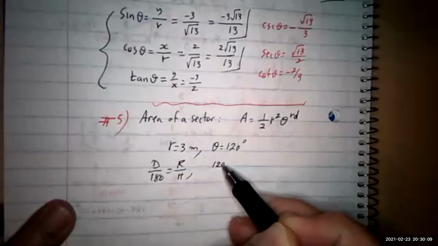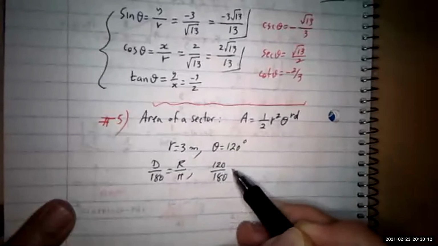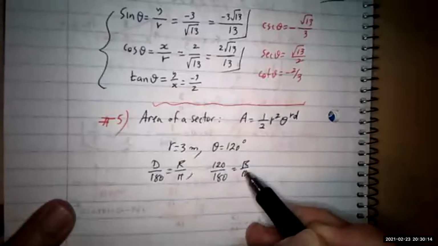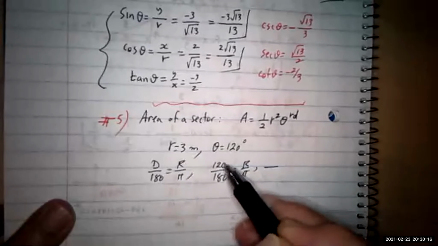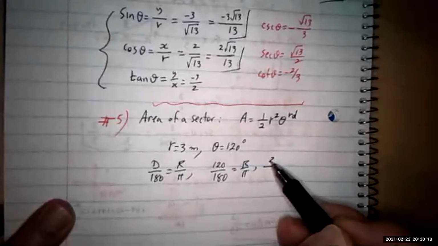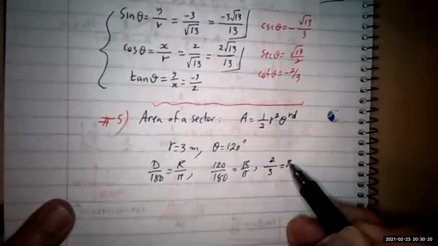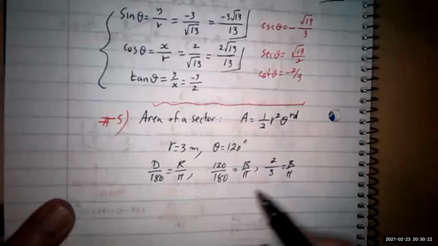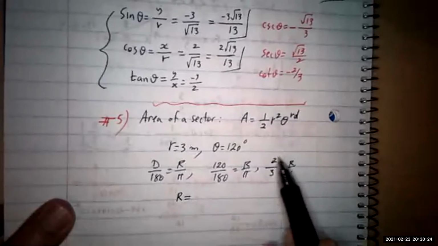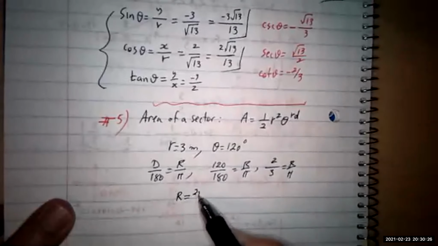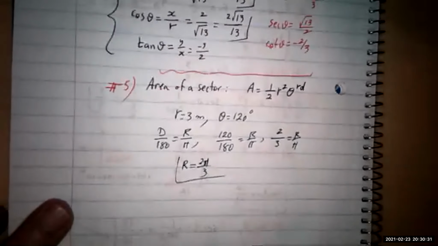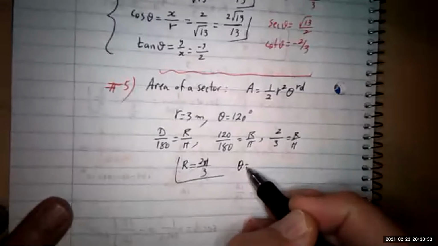You substitute 120 over 180 equals theta over pi. You simplify by 60, that gives you 2/3 equals theta over pi. Cross multiply, theta would be 2 pi over 3. So that's theta in radians.